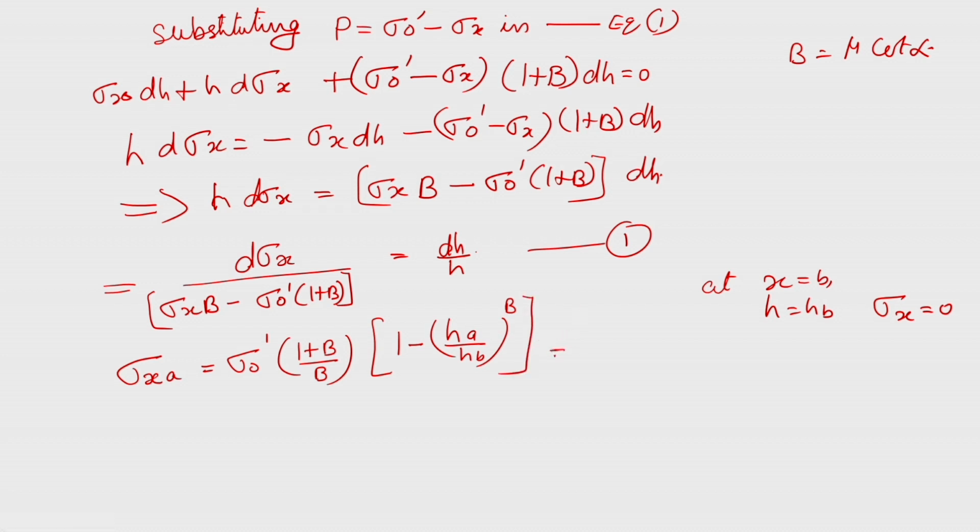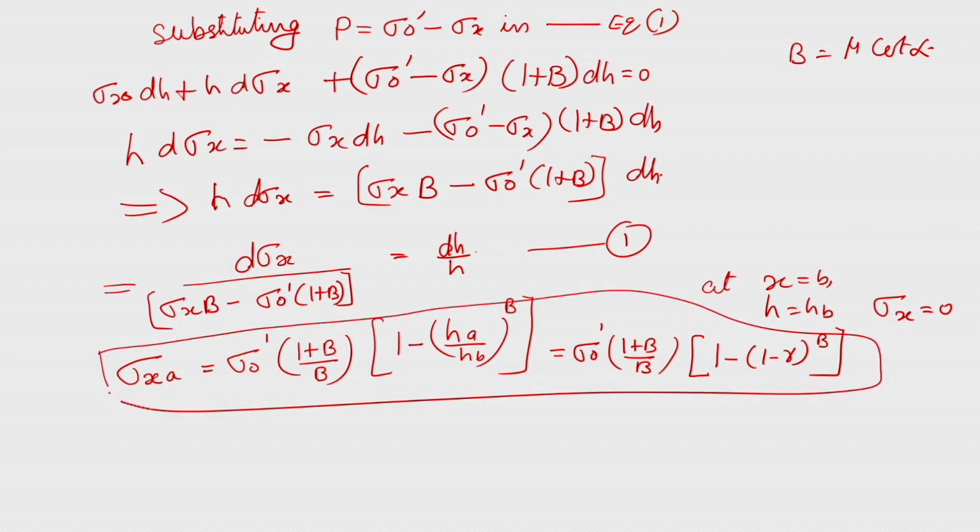So that is equal to sigma naught dash into 1 plus b by b into, in terms of reduction, you can write 1 minus r raised to b. So this is the relationship you are getting for the drawing operation.